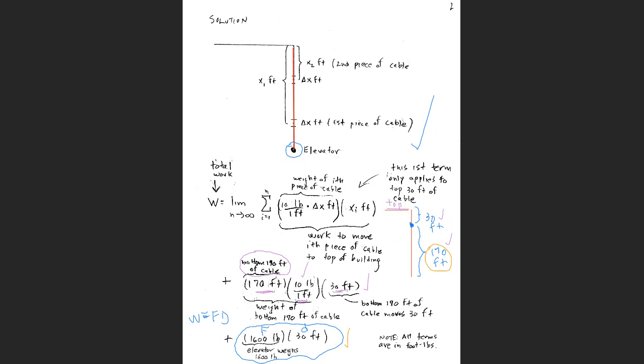Now we have to worry about the top 30 feet of cable. So the top 30 feet of cable, again, when you look at it, you have to think about, and I want to be a little careful how I draw this, but let's say you have this piece of cable here, we'll call that piece of cable X1, and then you have this piece of cable here that's delta X feet wide.